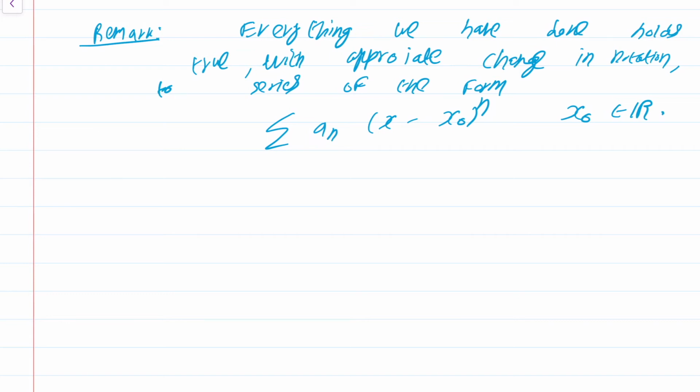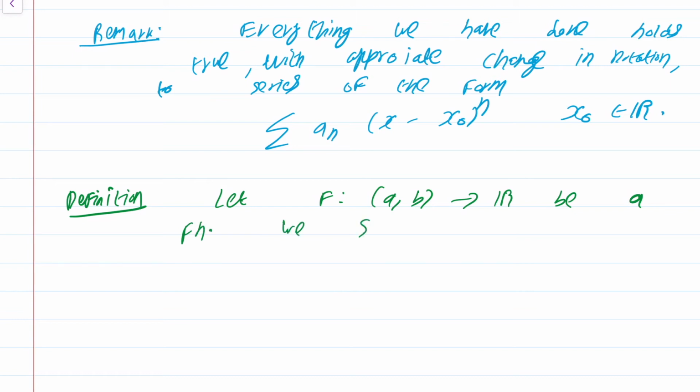Okay, let me make one definition. Let f from (a, b) to R be a function.